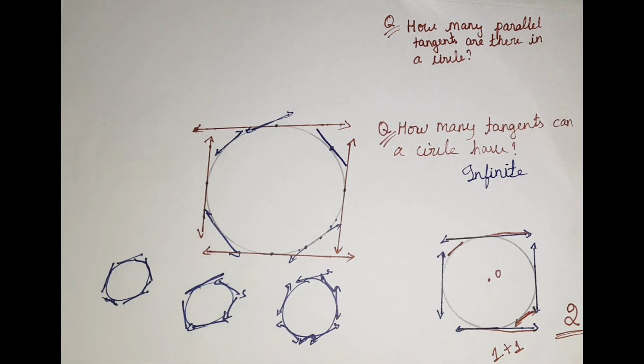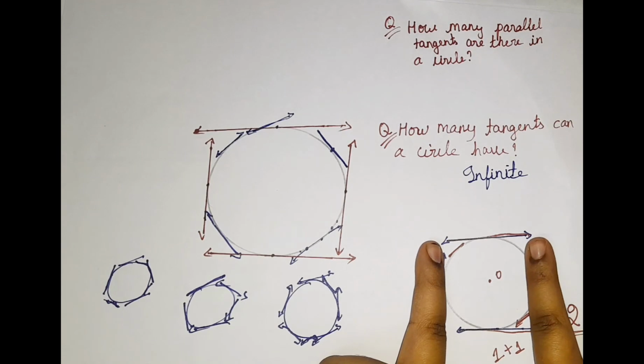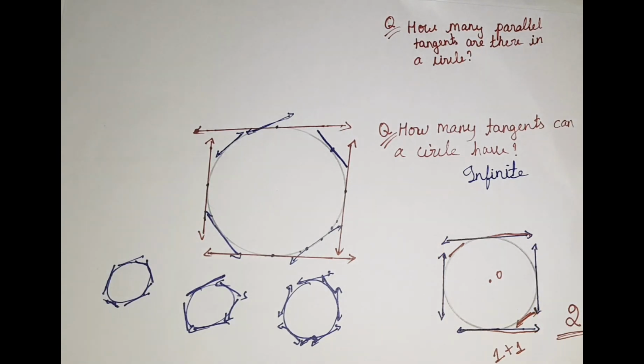The simple answer is 2 parallel tangents are there, because we are taking this one and this one as one pair, and this one and this one as another pair. So there are 2 pairs, that means 2 parallel tangents in a circle. The rest of the tangents, infinite tangents in a circle, am I right?